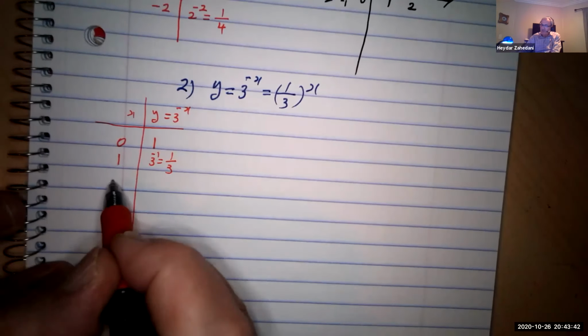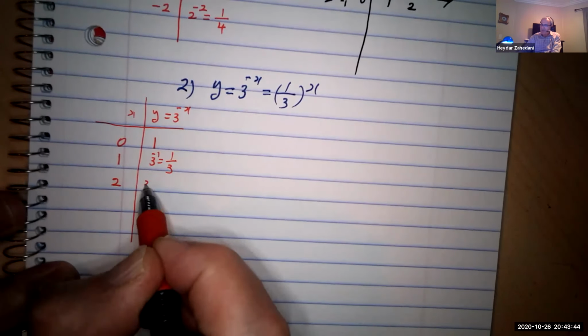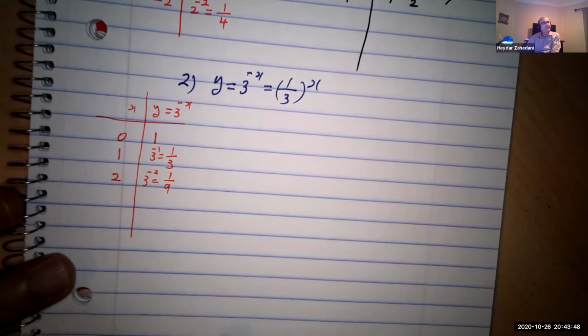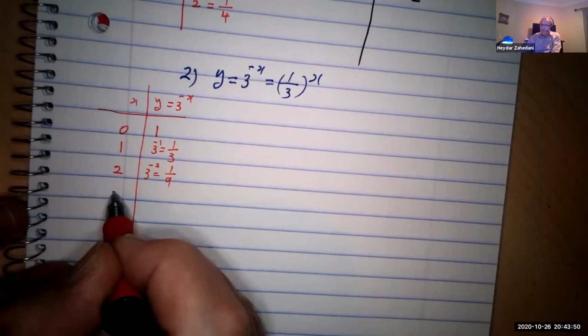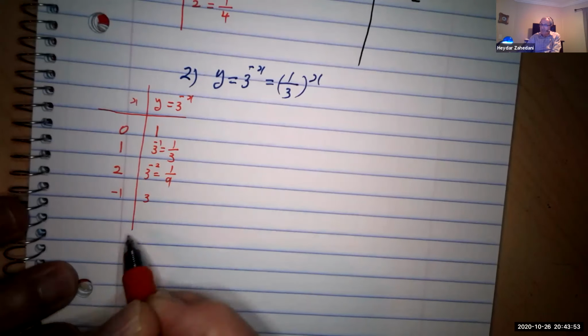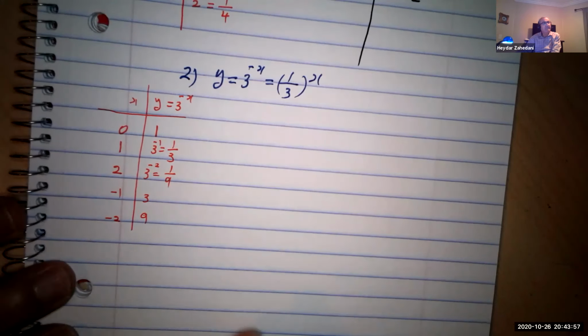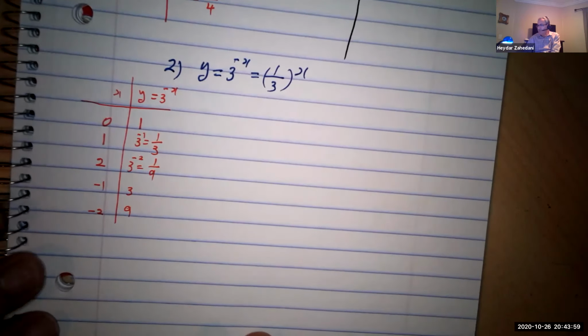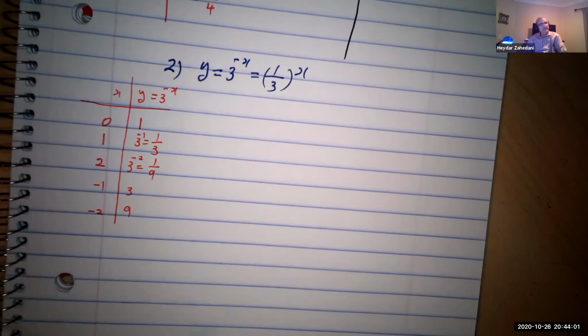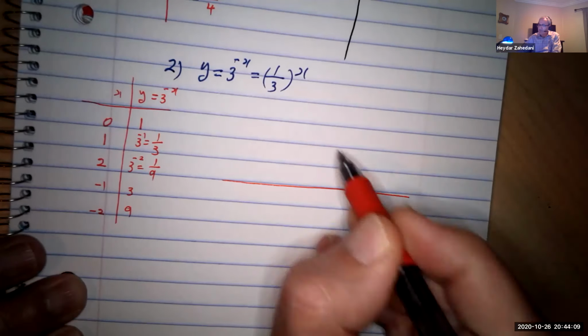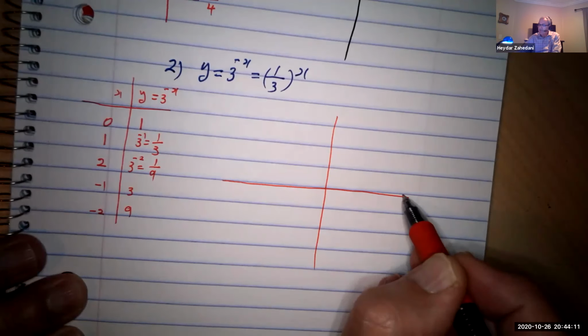You start with 2, that gives you 3 to the negative 2, which is a ninth. But if you put x equal to negative 1, that gives you 3. And if you put negative 2, that gives you 9. Okay, so this is going to be the nature of the graph this time. So put them together to get the graph.